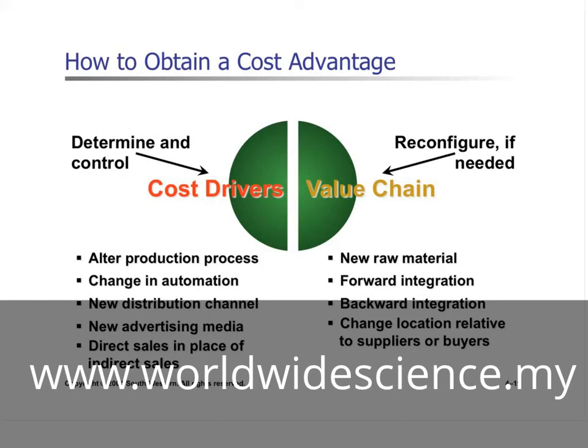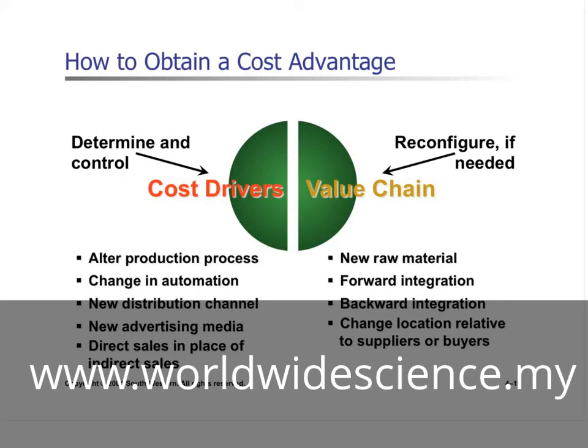Oh yeah, forward and backward integration, we will talk about it in detail, but basically value chain is the analysis of what you do in the process of creating value for customers. And forward and backward integration, forward is when you venture into the next step. So that's forward.